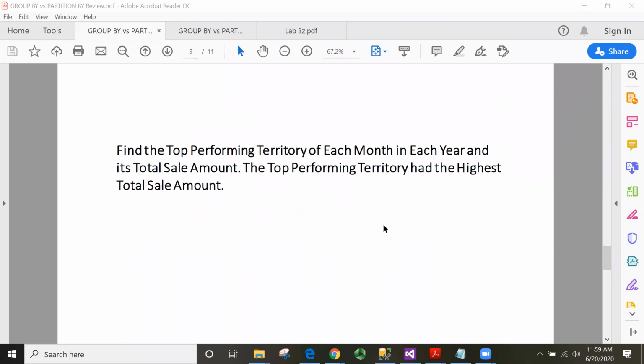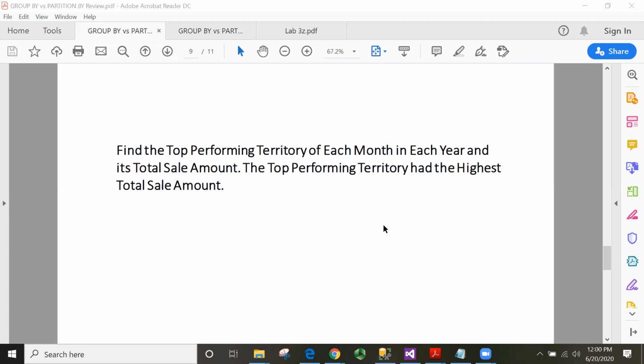Do we need to organize our data into groups? We want to find the top performing territory of each month, year, right?